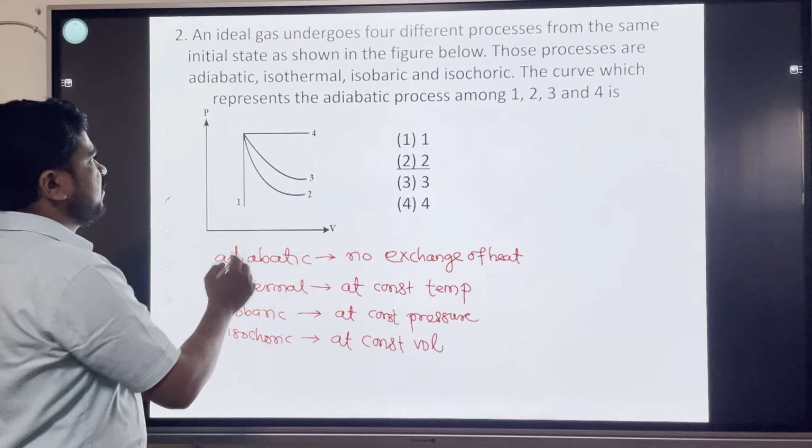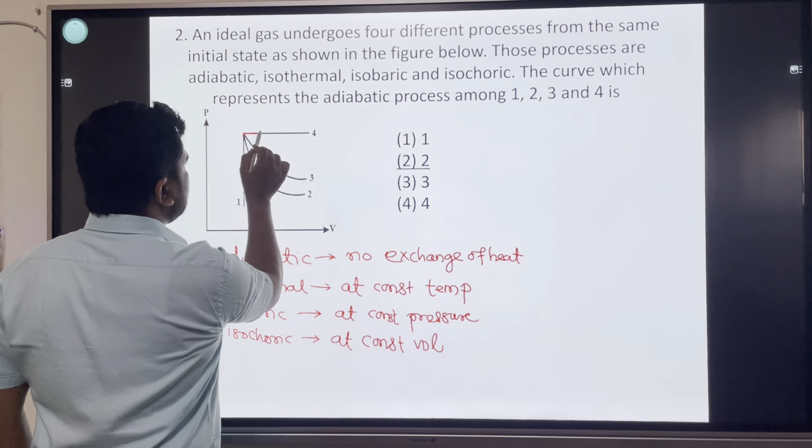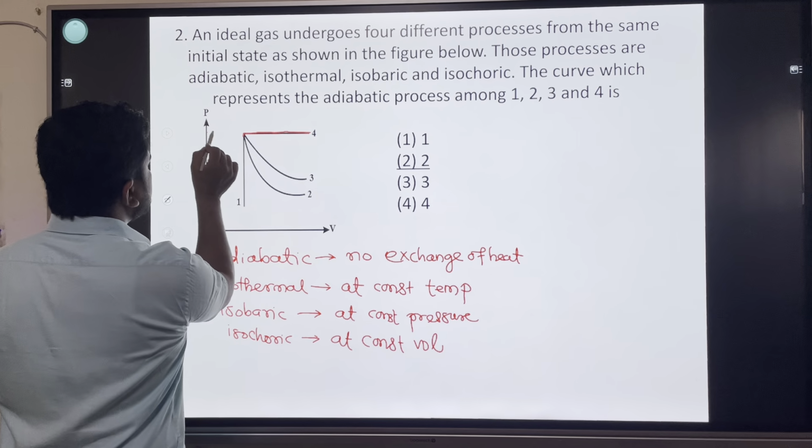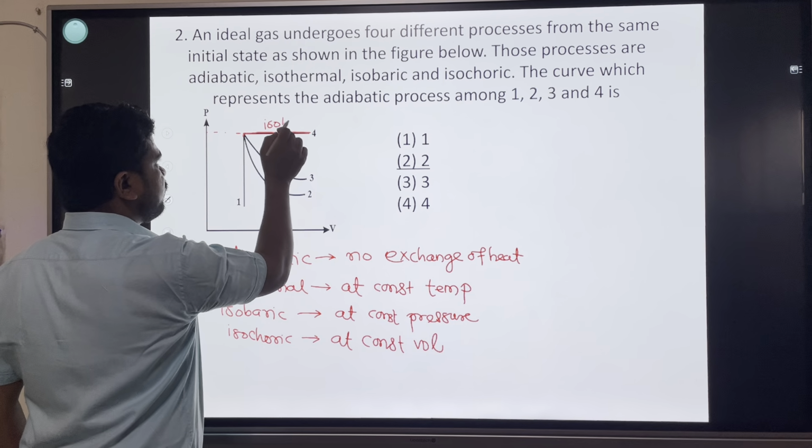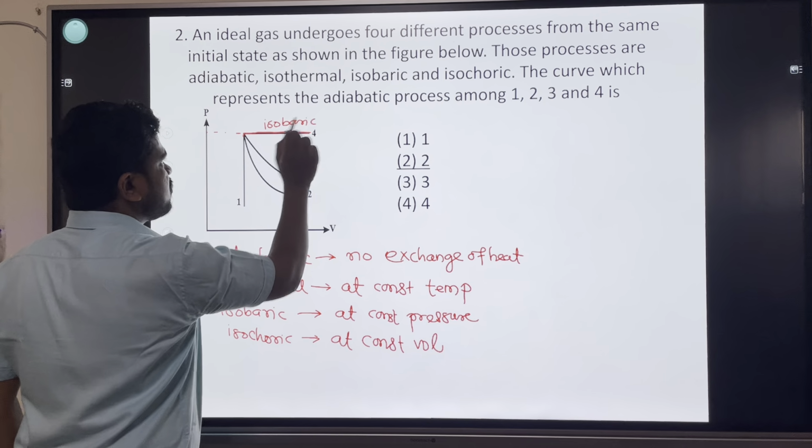See in the graph, the fourth process is a straight line. What is constant? Pressure is constant. It is an isobaric process. First one, a straight line parallel to the y-axis. What is constant? Volume constant. Isochoric process.